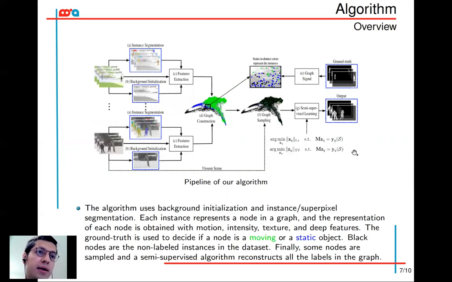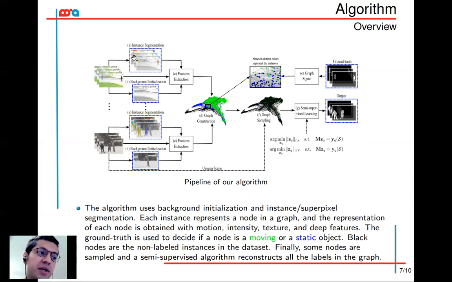Now, the pipeline of the algorithm is this. We have some videos, and for each video we are going to have some instance segmentation, or we can also have superpixel segmentation, block-wise segmentation, or semantic segmentation.